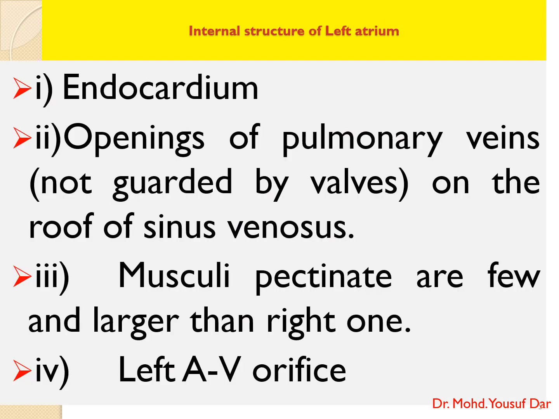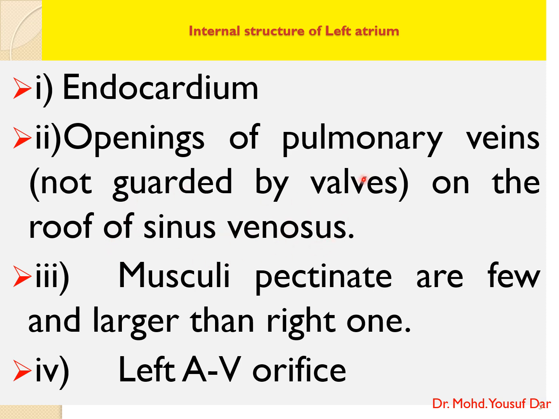Now coming to the internal structure of the left atrium. First, the left atrium is lined with a smooth gelatinous membrane that is known as endocardium, and there are openings of the pulmonary veins on the roof of the main cavity, that is the sinus venosus.